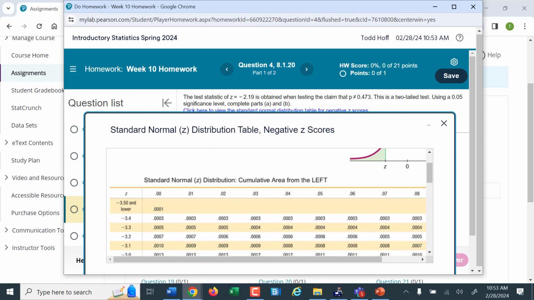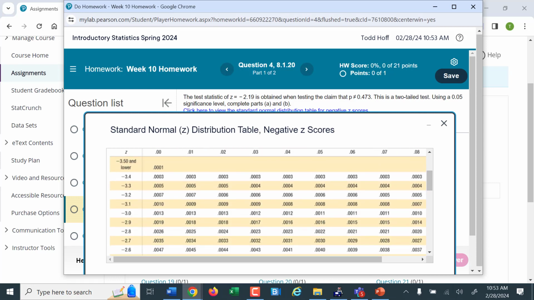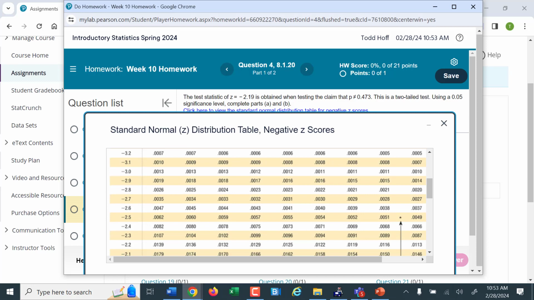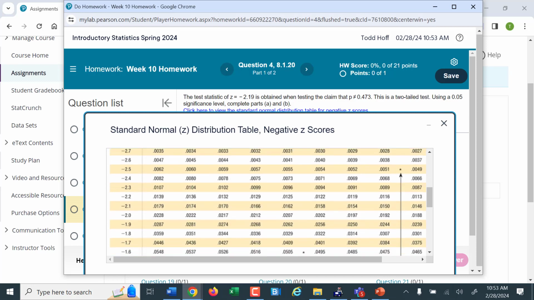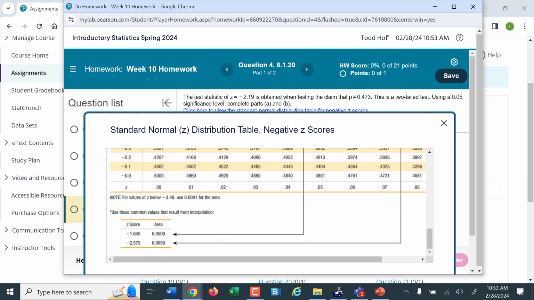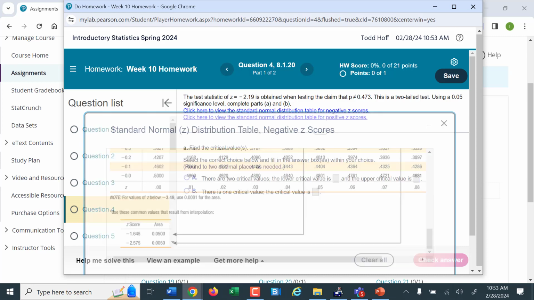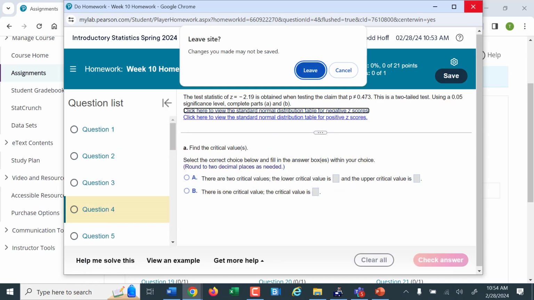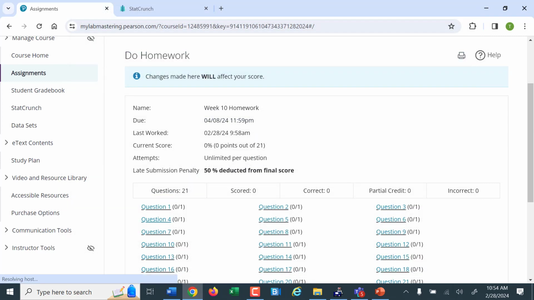So I want to find 0.050 here, or as close to it as I can get. I see I have 0.0505 and 0.0495. I'm exactly between it. So again, that gives me negative 1.645 is the critical value for that. So they put that down at the bottom of that table for us as well. So my critical value is a negative 1.645.